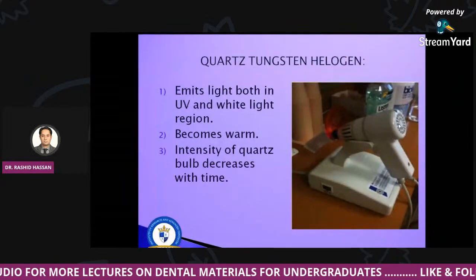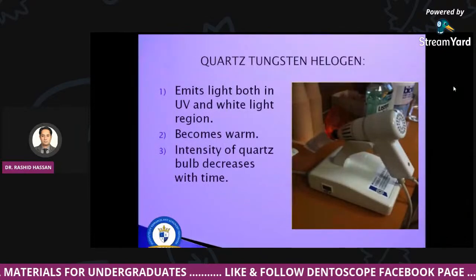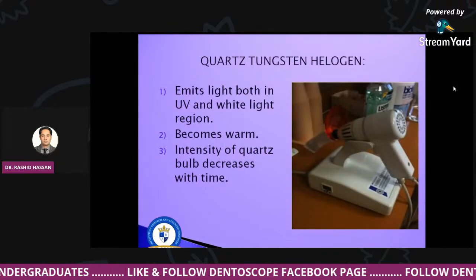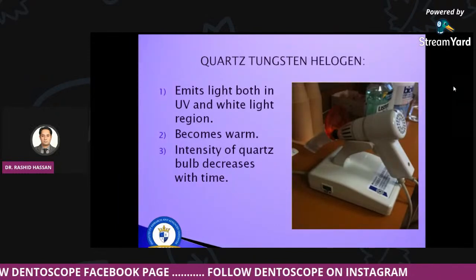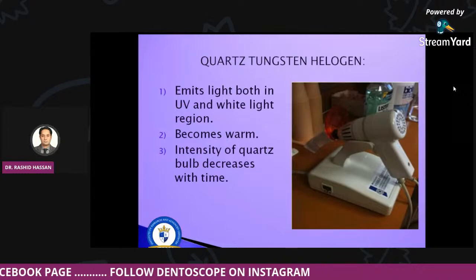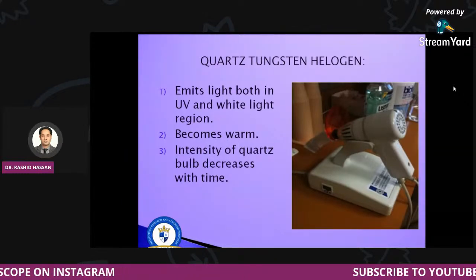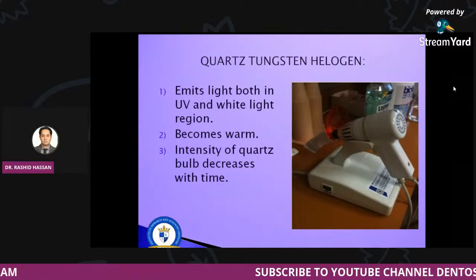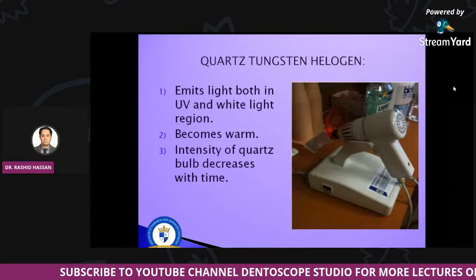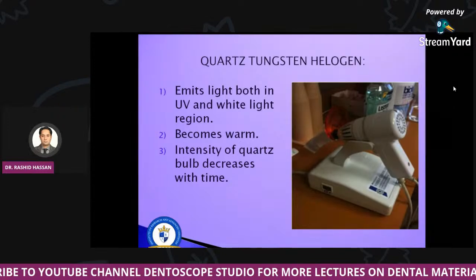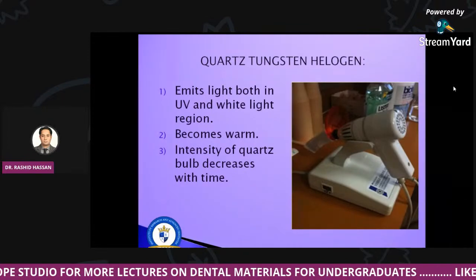Underneath these holes, there is a fan which keeps moving to keep the curing light cool, because after some time the temperature of this curing light gets very warm. It emits light both in ultraviolet and white light regions, so it can easily work in the dental clinic environment. The disadvantage, well, it becomes warm. As I told you, it becomes warm.